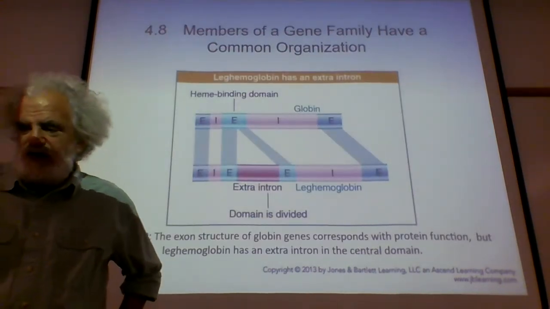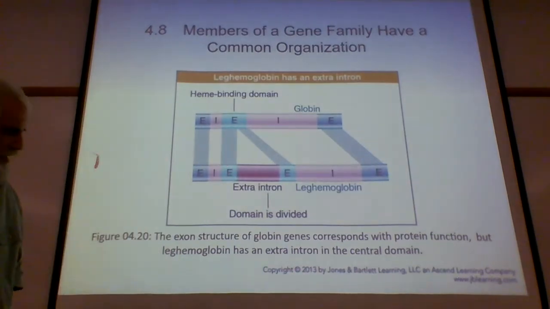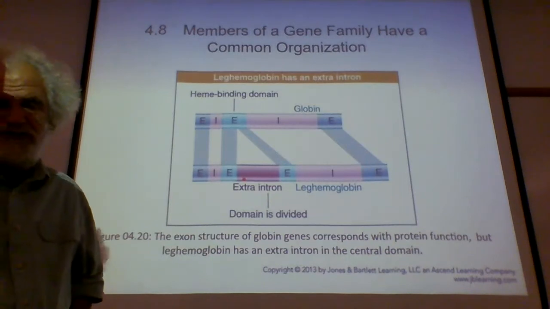So the exon-intron structure is associated then with these various kinds of functions. And we can see that the domain is divided here, but for the most part, we've got exon-intron structures that are being retained to generate two different proteins of very similar kinds of amino acid sequence.